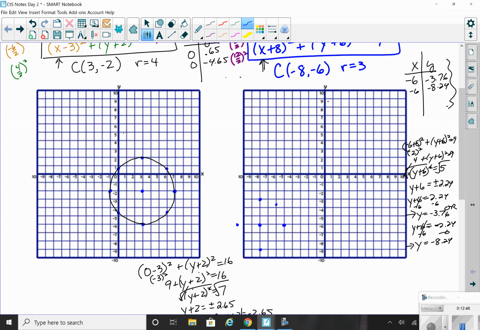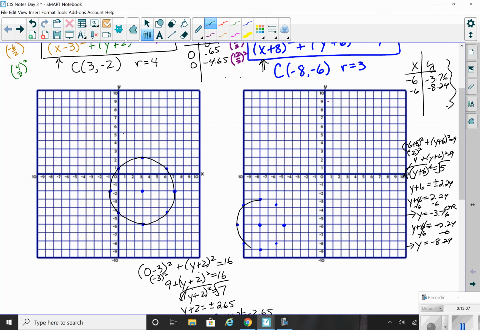It's about 3/4 of the way there. And then I also want to go down 8.24. So I'm going to go down 8.24, about 1/4. And again, plot my mirror image points on the other side using symmetry here. And then I can go ahead, look at, there's my circle. So I can go ahead and connect my points and I'll have the graph of my circle.